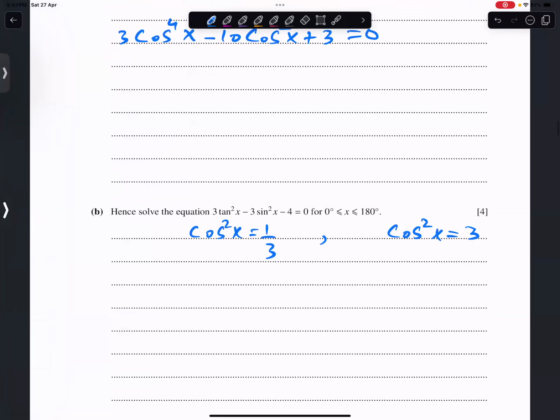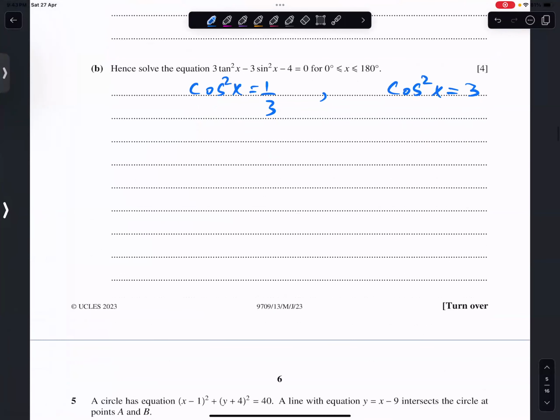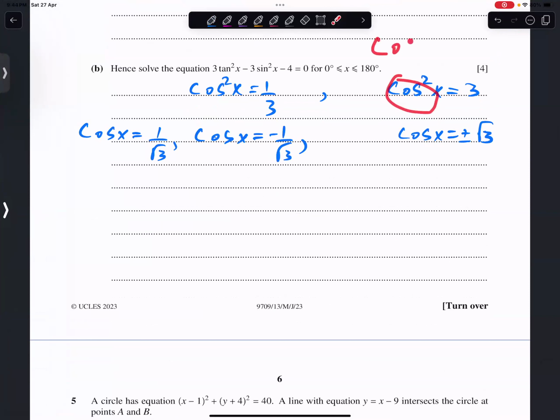Now if you take the square root, you will get x equals 1 over root 3, x equals minus 1 over root 3. And then if you take the square root, you will get x equals plus minus root 3. Students, the value of cos x can never exceed 1.